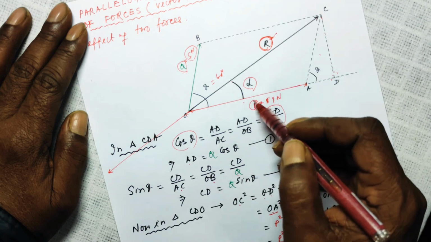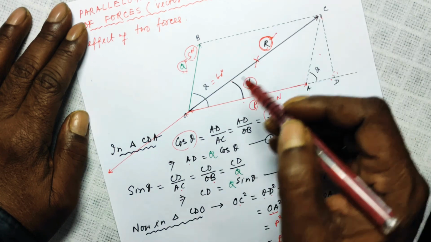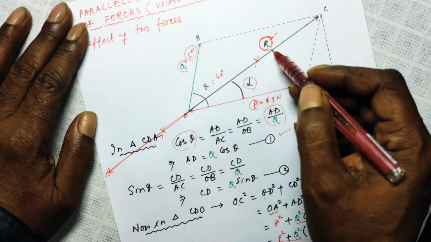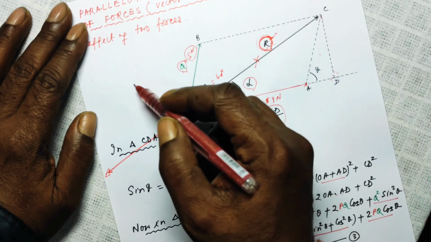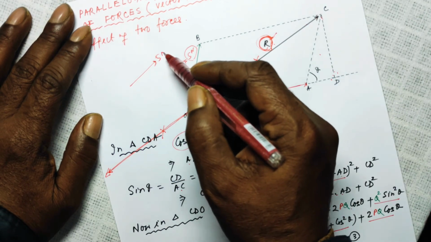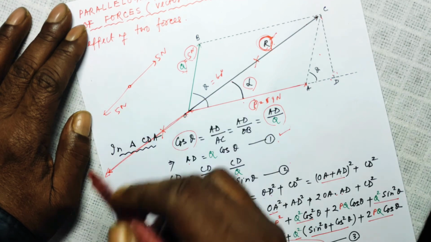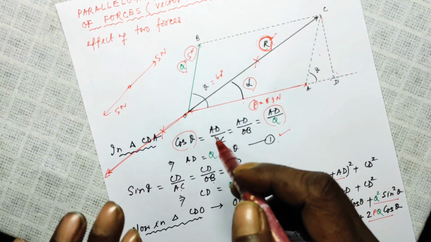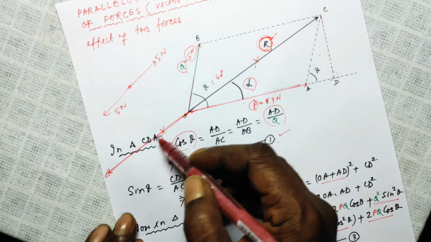The combined effect of P and Q, that is R, will be cancelled by this, because this is exactly opposite to R and has the same value. It means if there is a force to this side as 5 Newton, and to this side as 5 Newton, then the resultant, the combined effect, is 0. So what the statement says is, now look at this force, and this force.